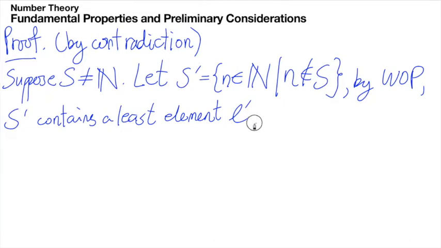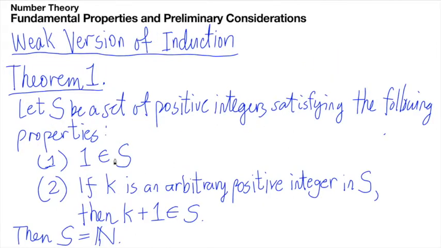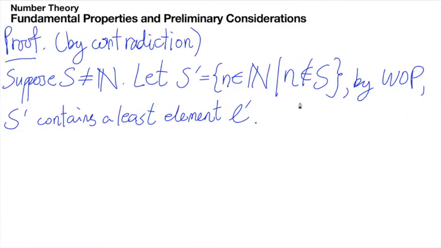Since L prime is the least element, and we saw in our theorem that 1 is in S, therefore this L prime, the least element in S prime, must be greater than 1. That is by condition 1.